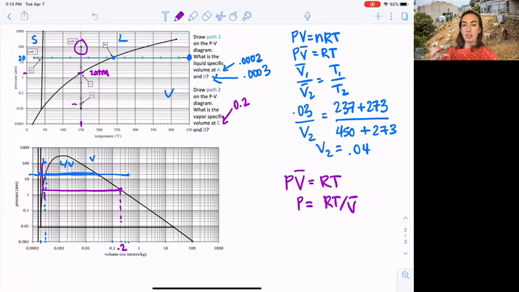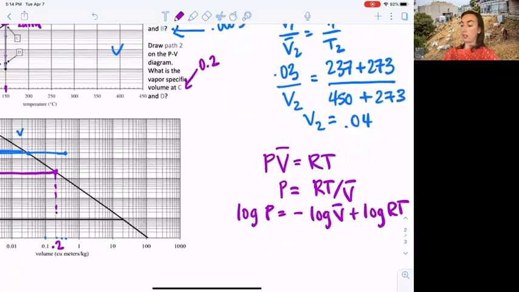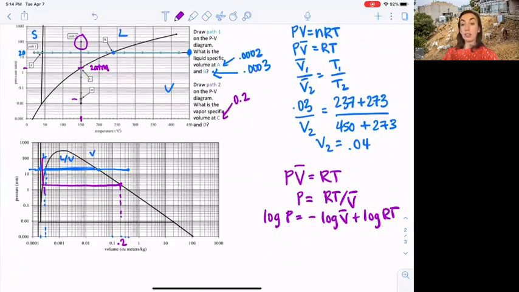So what we actually want is a relationship between log P and log V. So if you remember your log rule, I can rewrite this as log P equals negative log V, because it's in the denominator, plus log of RT. And so the relationship between log P and log V is linear, with a slope of -1.